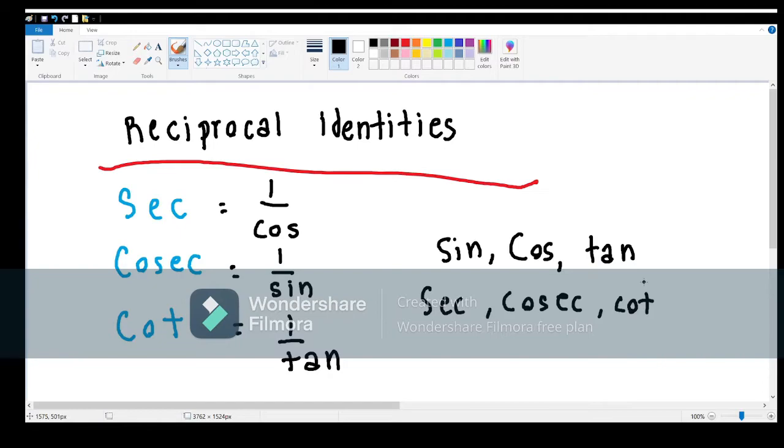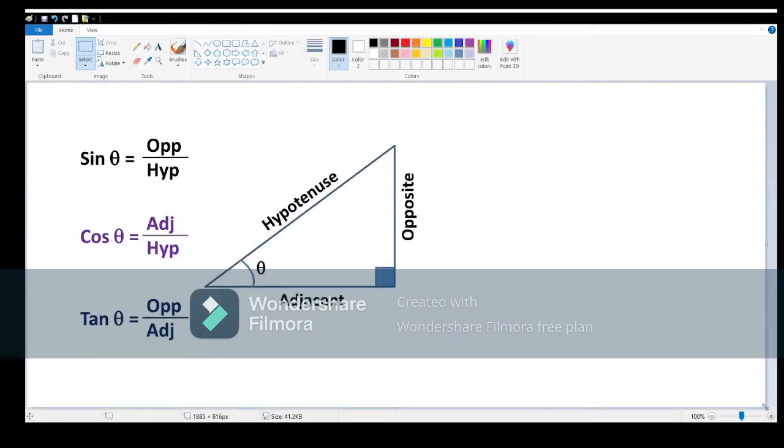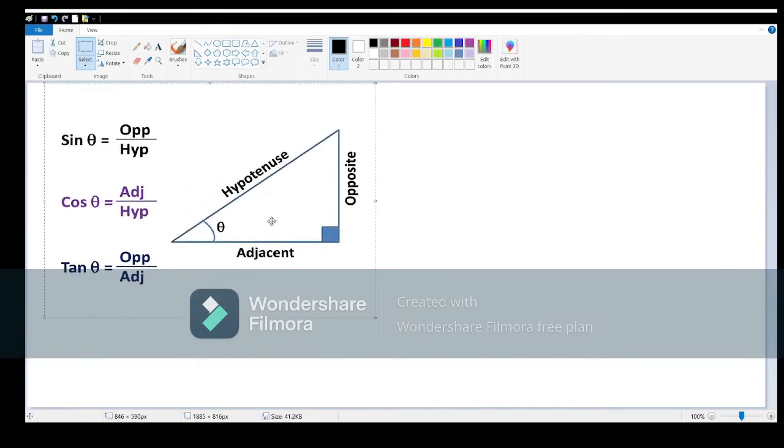Okay, so after we understand everything about the basic sine, cos, tan, and we have sec, cosec, and cot, I'm going to show you something. Just give me a minute. Let me open. So let's say that we got a triangle. As you can see, we have the sine, which shows that it's opposite over hypotenuse, and cos, which shows that it's adjacent over hypotenuse, and tan, which shows that it's opposite over adjacent.